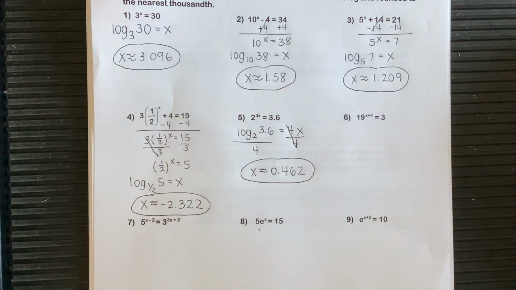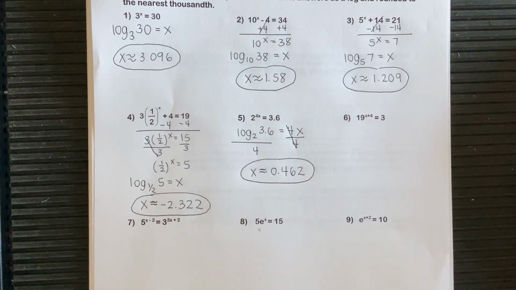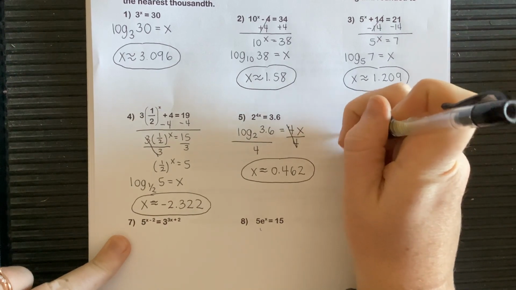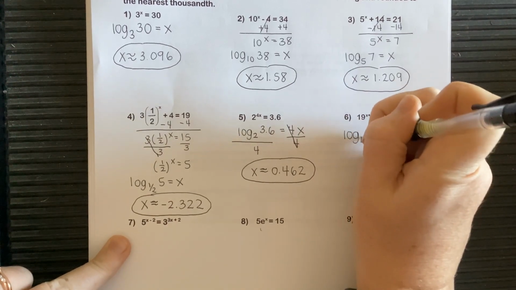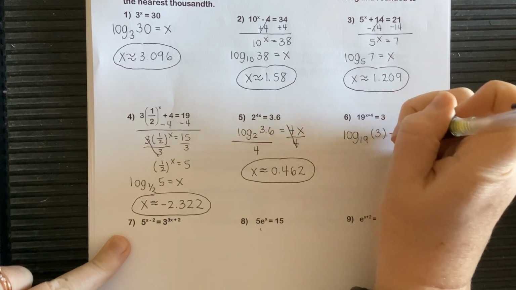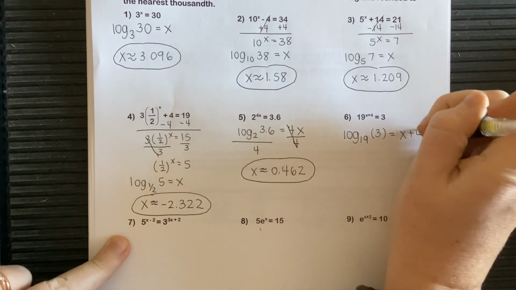All right, then the last one we're going to do is number 6. Again, you already have just one term on each side, so we're going to rewrite. We're going to have log base 19 of 3 is equal to x plus 4.